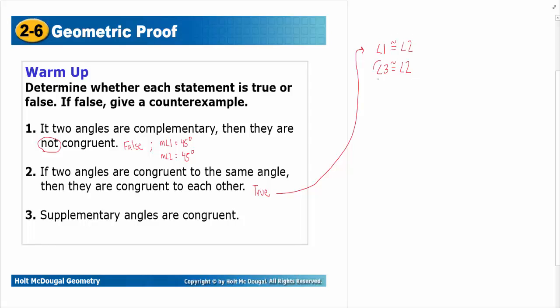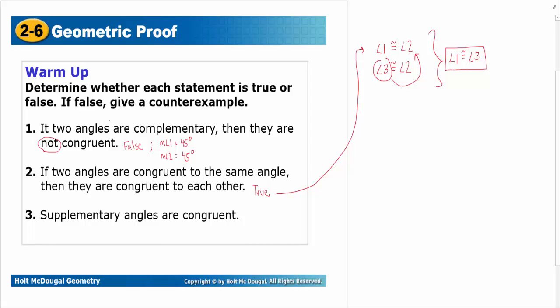So we could substitute angle 3 in for angle 2 because it's congruent to angle 2, and I can say that angle 1 is congruent to angle 3. In a way, we just proved that theorem. We didn't write our reasoning out, but we proved it. We'll go back and prove it here in a little bit, but that is one of our theorems from 2.6.